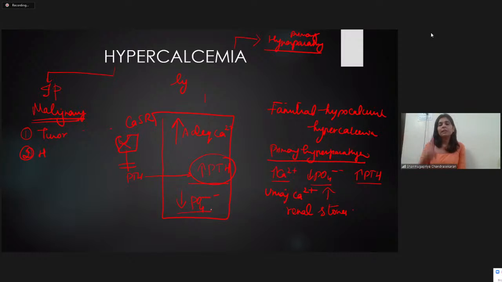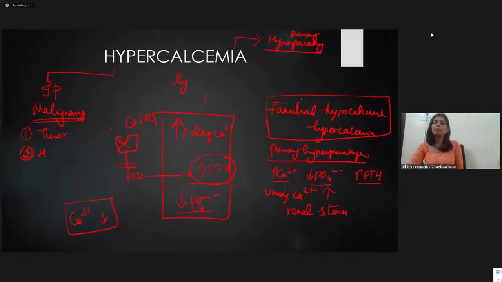Okay, but the only difference between the two conditions is that in familial hypocalciuric hypercalcemia, calcium level in the urine is reduced. When I say reduced, it's not lower than the normal range. It is low for the expected serum calcium. That is why it is called familial hypocalciuric hypercalcemia.